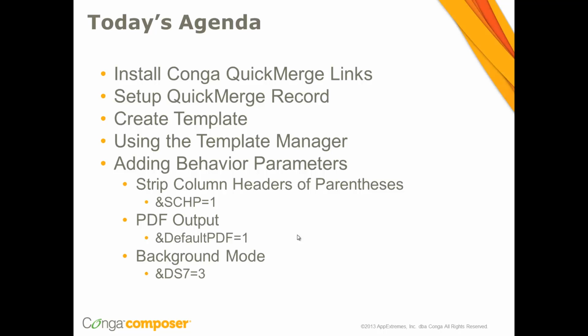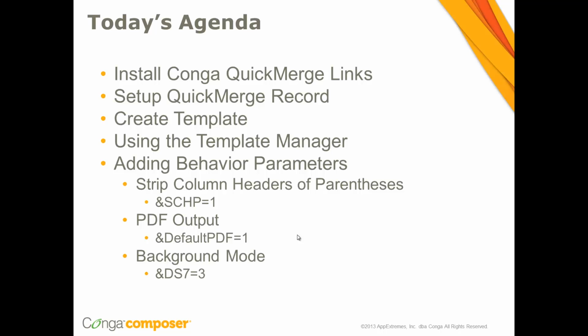So in today's webinar, we're going to talk a little bit about Quick Merge, which is the object we're going to be working with, and where we can install that. That's a free package install from the Conga Merge website. We're going to set up a Quick Merge record, include a couple of reports from Salesforce in that Quick Merge record, create a corresponding template, manipulate that template a little bit, do some things with some Excel formulas, maybe even do a chart.